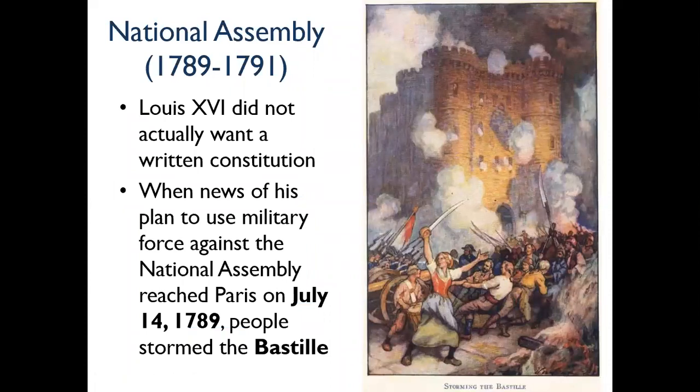What happened actually is that from 1789 to 1791 was this era. Here, Louis XVI did not actually want a written constitution because he knew that when he agreed to all the rules and regulations of a constitution, he would face a problem because the monarchs would lose their powers.